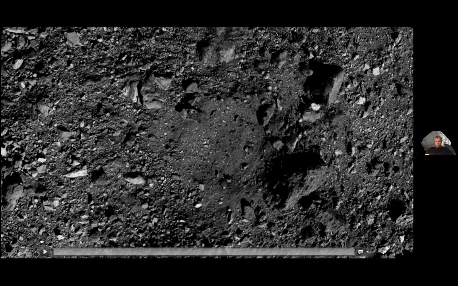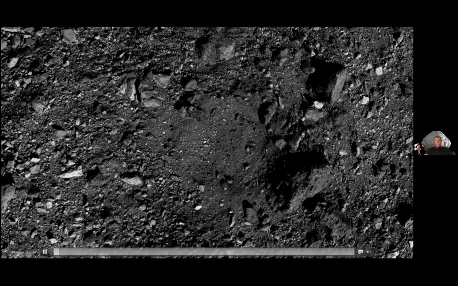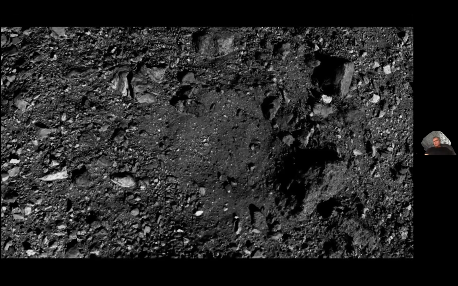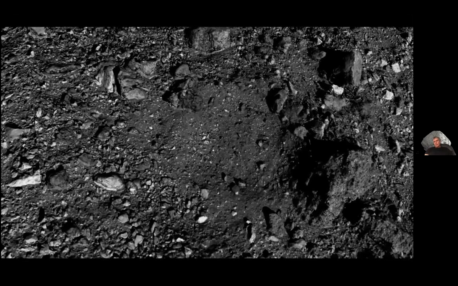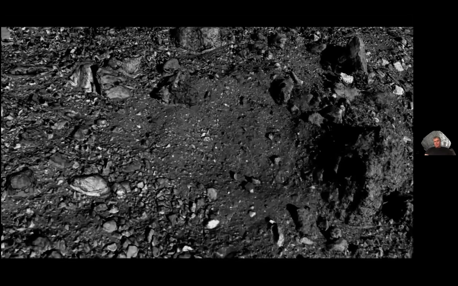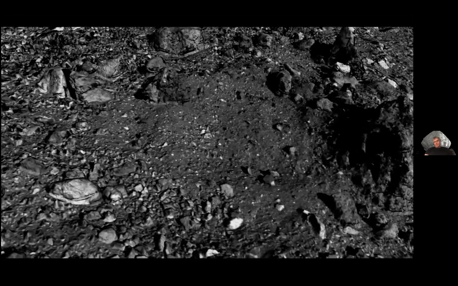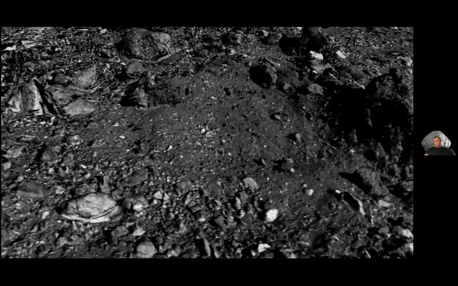This, I think, is a movie that's going to give you a little more picture. This is shape superimposed with imagery, and it gives you a sense of what we've been able to accomplish around Bennu that really is unprecedented from other missions. So far from a 25-meter diameter beach, but pretty much the smoothest we had.